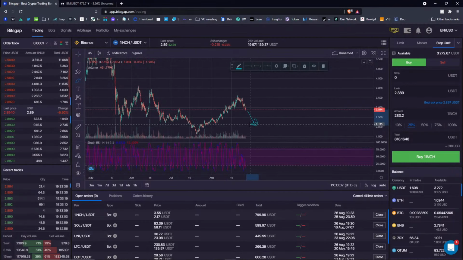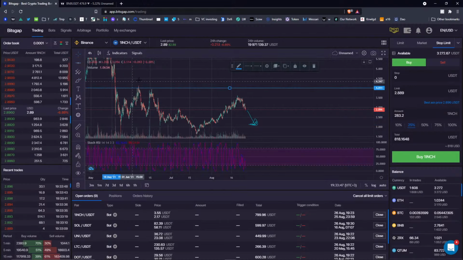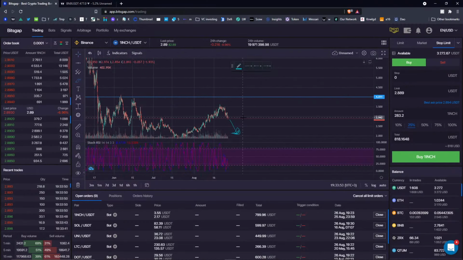So instead, you think, okay, once the price of 1inch breaks the previous higher high, which was around here, $4, boom, that is the time when you will consider entering the market.